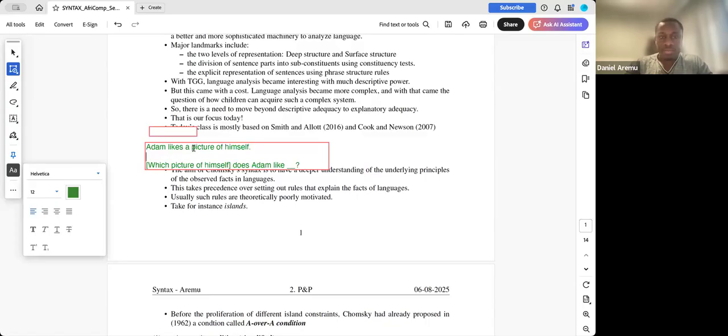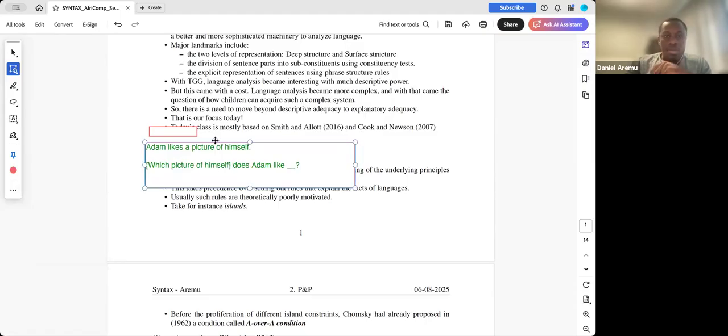So that is what you have initially: Adam likes a picture of himself. Now we want to make a WH question out of it. So you now say, which picture of himself does Adam like?